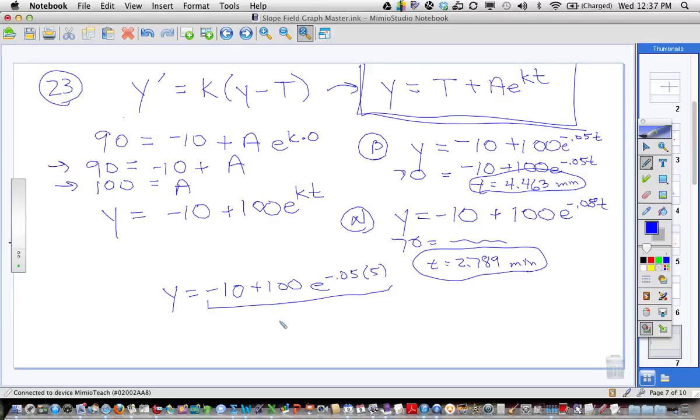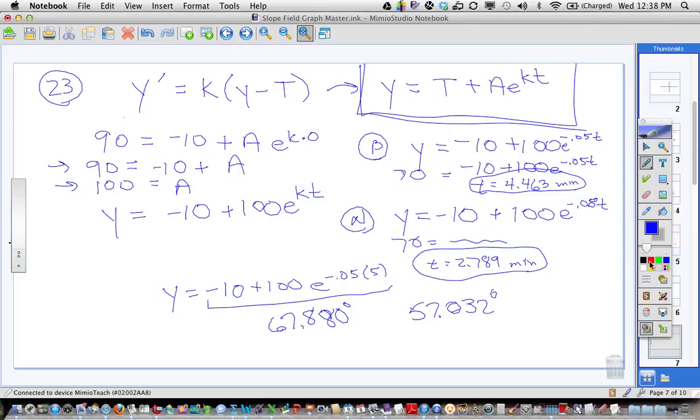And you get 67.880. And for the other one, it was 57.032. So after 5 minutes, that was the temperature of the different coffees.